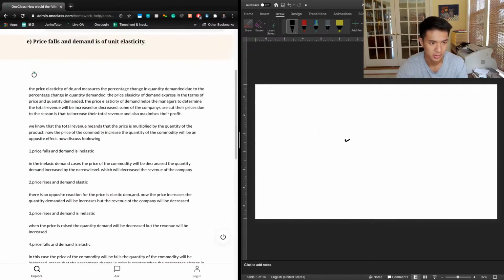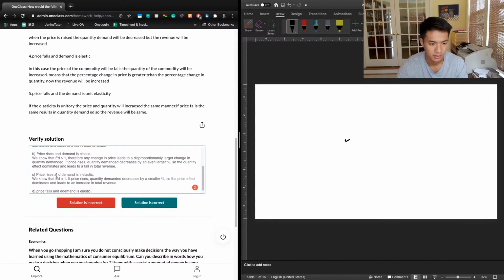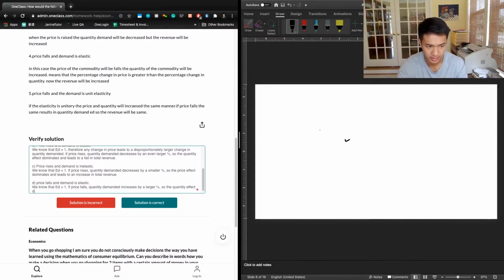D says price falls and demand is elastic. We know that ED is greater than 1. If price falls, quantity demanded increases by a larger percentage, so the quantity effect dominates and leads to an increase in total revenue.